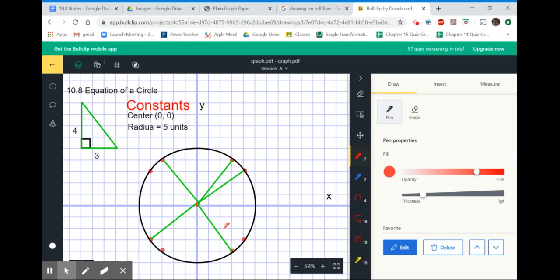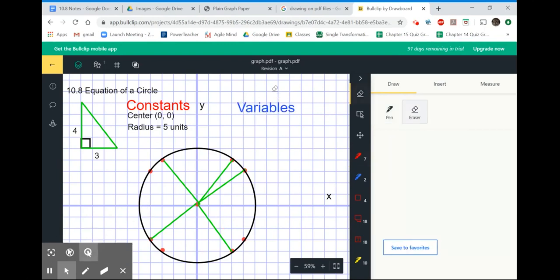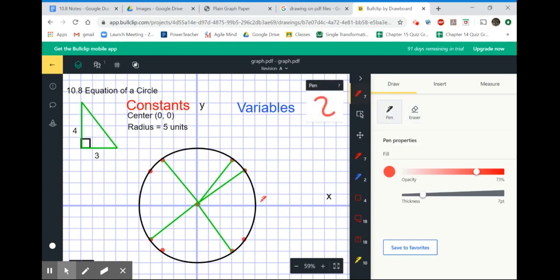Those are constants. Let's talk about variables. What are the variables on this circle? Now, notice as we go around the circle, it has different points that keep changing as we go around. Now, I'm going to add a few points here. I'm going to add this one because this one is 5 away. It's on the circle, radius of 5, center of 0. And here's another point, radius of 5, center of 0.